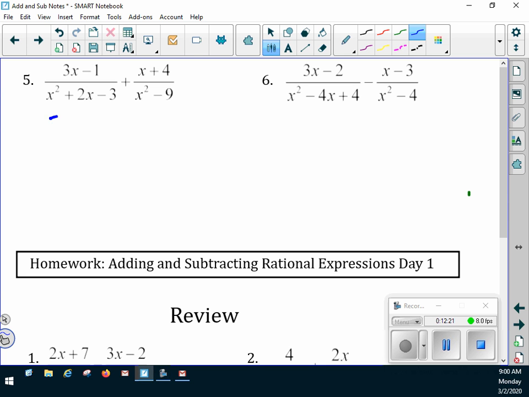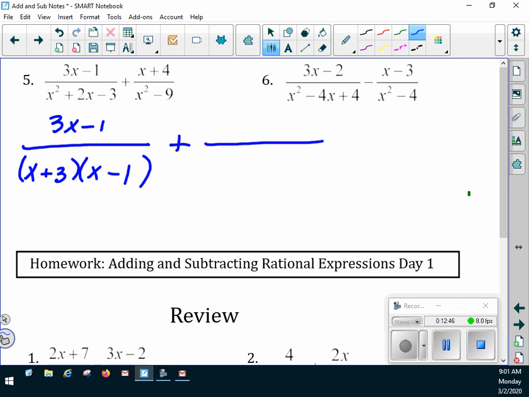I sure hope so. 3x minus 1 over x plus 3 times x minus 1, plus... what's that denominator? Good, because that's called a what? Good, that's a difference of 2 squares.